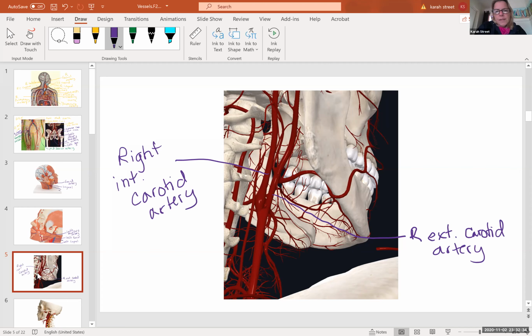And again, you can see that weird facial artery coming out, going underneath the mandible, then peeking out before it goes very superficial along the face. And then the lingual would be this tiny branch there, going over here to the underside of the tongue. So, sorry, right lingual.